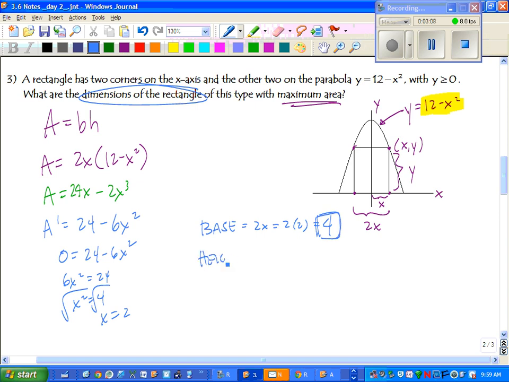And then we want to find the height, and we had a formula for that. That's 12 minus x squared. So we have 12 minus 2 squared. We get 8 for our height. That rectangle gives us our biggest area possible under that curve.